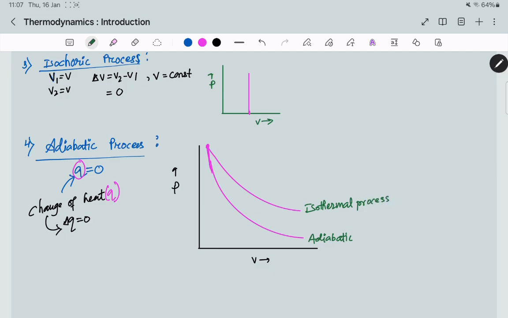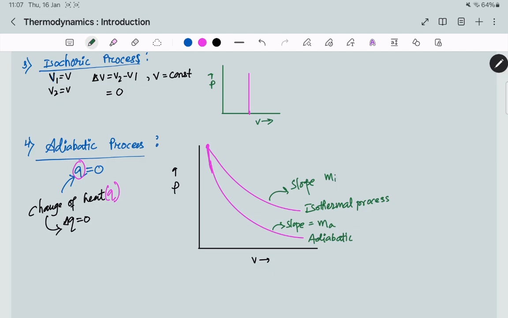Remember that there will be no exchange of heat between the system and the surroundings for adiabatic process. So change of heat, which we have taken as q or delta q, will be 0. So the slope of adiabatic and isothermal process: the slope of adiabatic process we are taking as m of a, and the slope of isothermal we are taking as m of i.